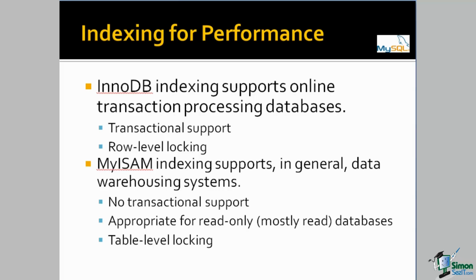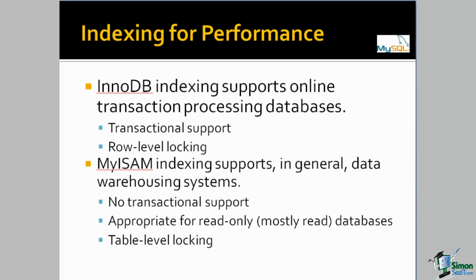As we've discussed, the InnoDB storage engine supports transactional processing systems. It does this by providing both implicit transactional support and explicit transactional control statements that we can use to manage our transactions. InnoDB also provides row-level locking in contrast to the MyISAM storage engine, which is generally used for data warehousing systems that support mostly read operations.